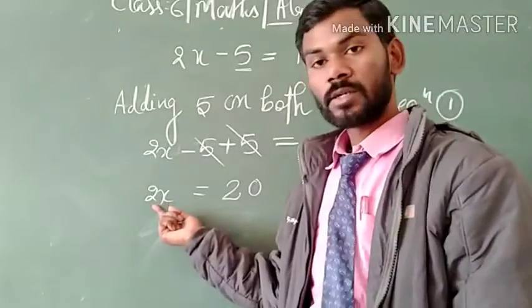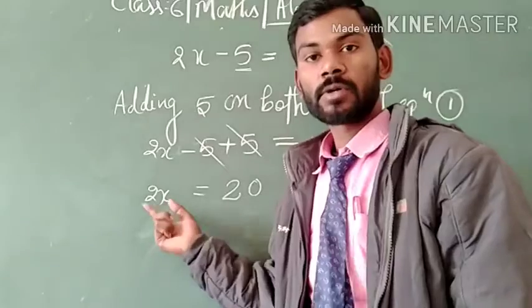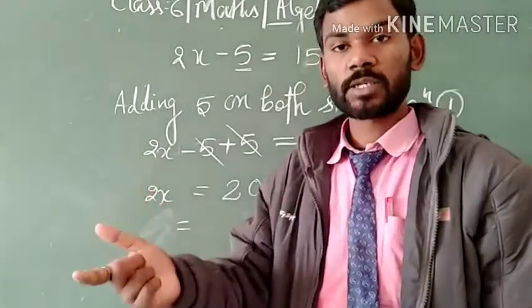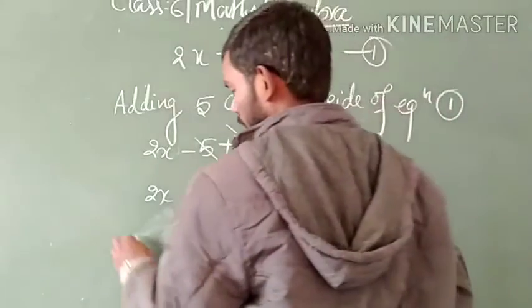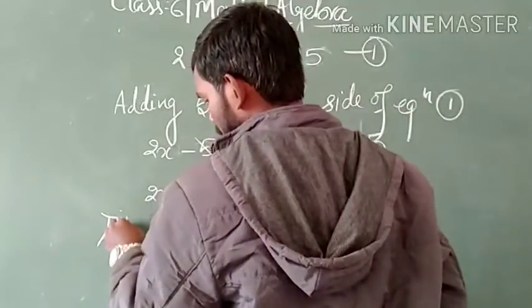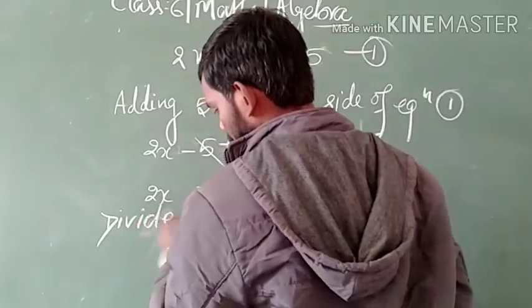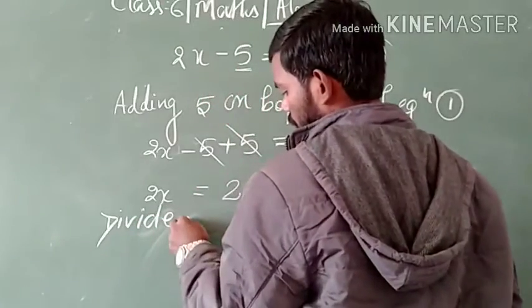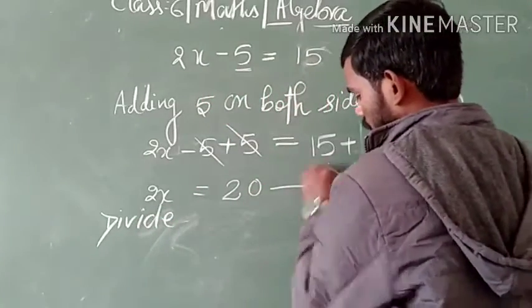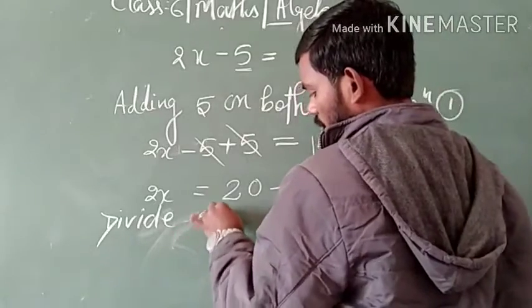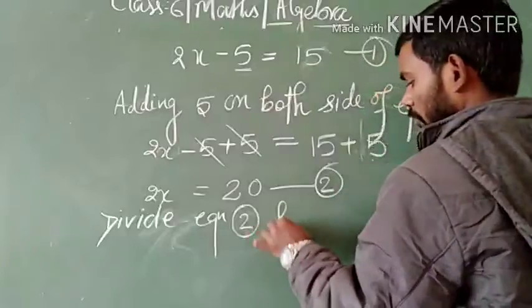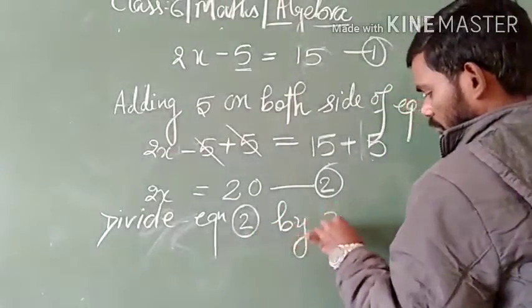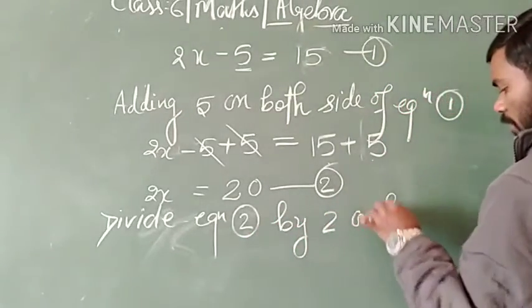Since here is multiplication, therefore we follow the opposite of multiplication. And here we write divide equation 2 by 2 on both sides.